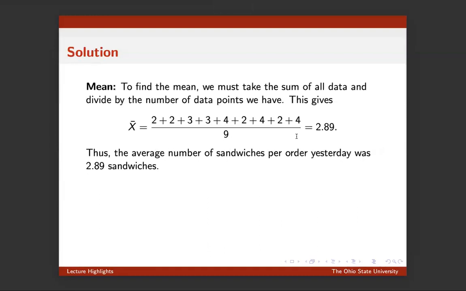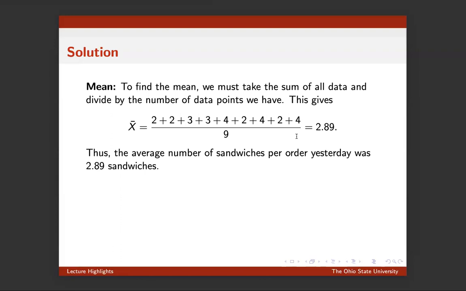And so to find the mean, we just use the formula that we saw previously. So it's the arithmetic average of those 9 values. We'll take the sum of all the values in the data set, so summing up the total number of sandwiches that were sold, not just per order, and then divide that by the total number of orders or data points that we had.